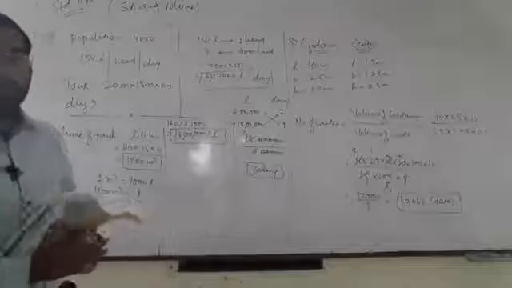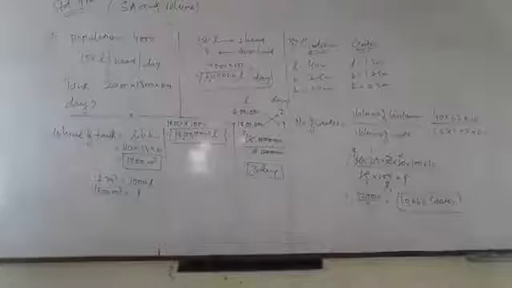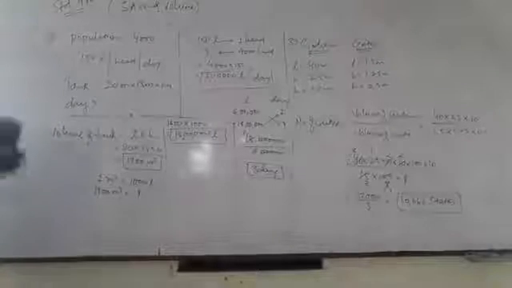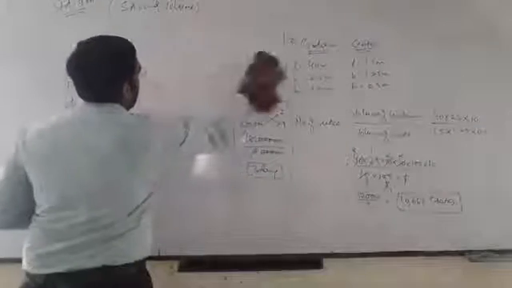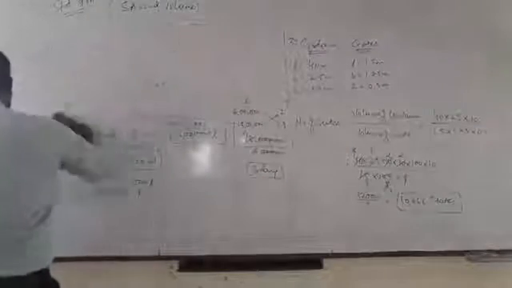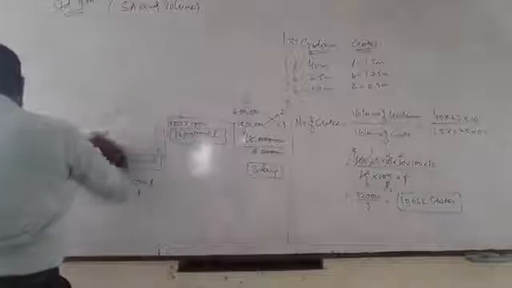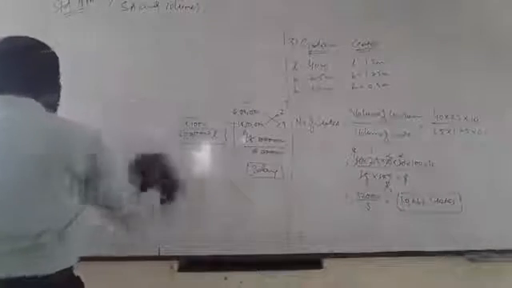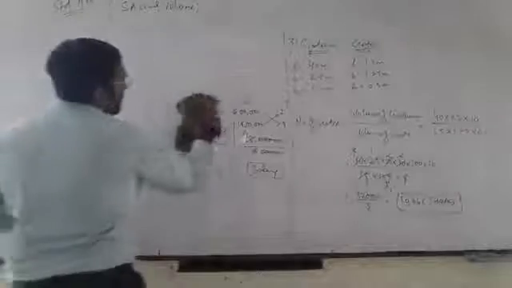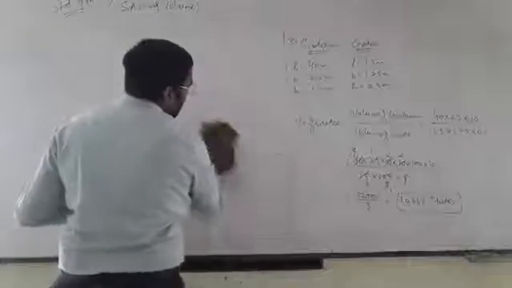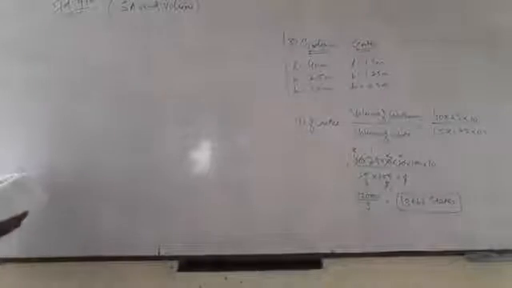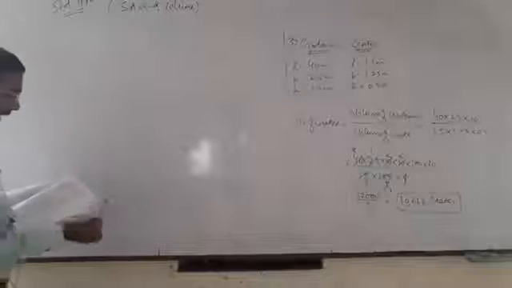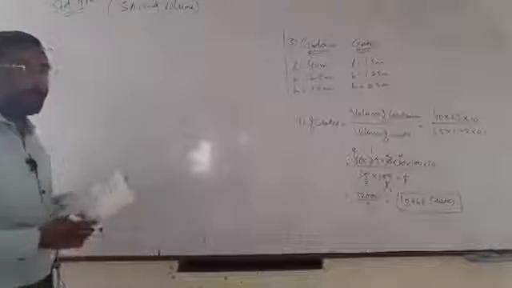And the last question for today's session is about a river. The river is 3 meter deep and 40 meter wide, flowing at the rate of 2 km per hour.